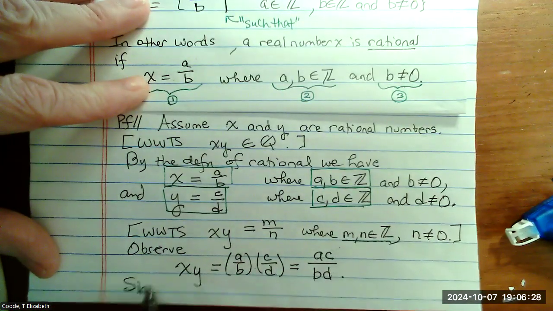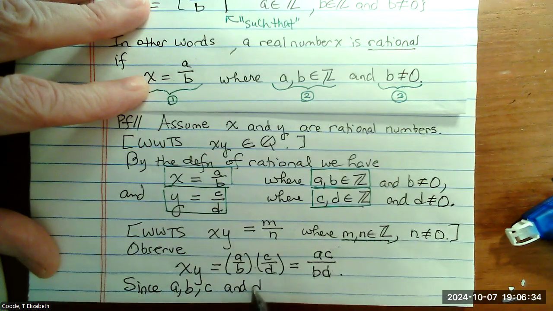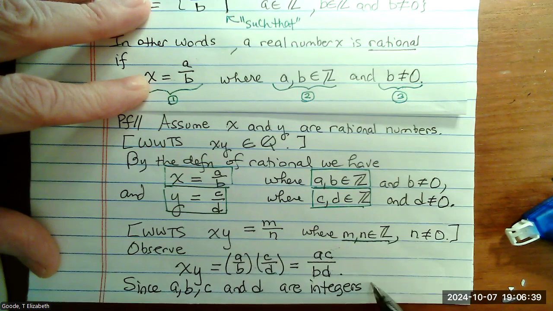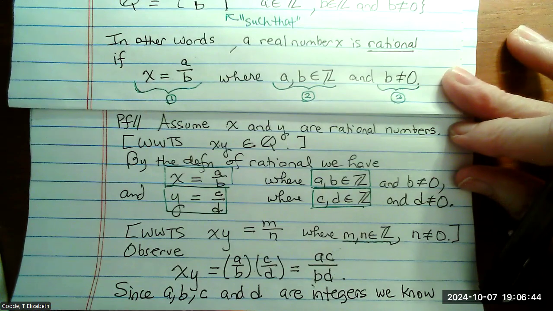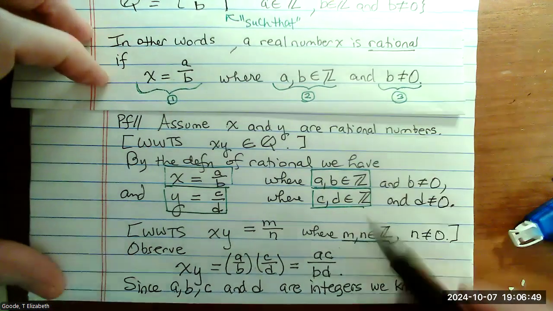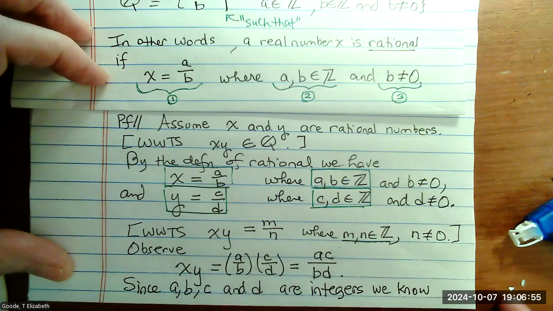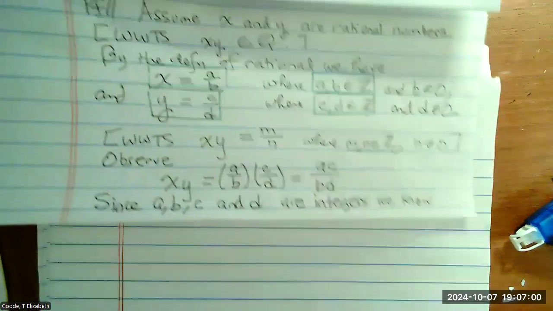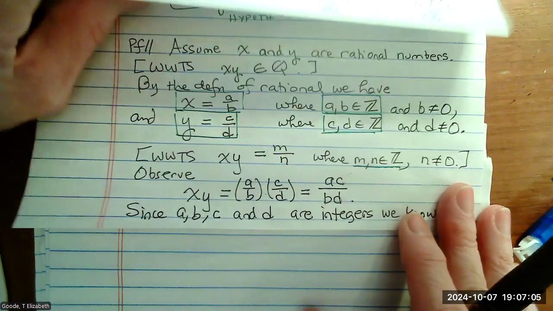Since we can say it all in one fell swoop, A, B, C, and D are integers, or you could say element of Z, it's okay. What do we know? Well, we're going to use closure properties of Z here. What are the mathematical operations that we're using to build M equals AC and N equals BD? What are the mathematical operations that are in play there? Anybody?